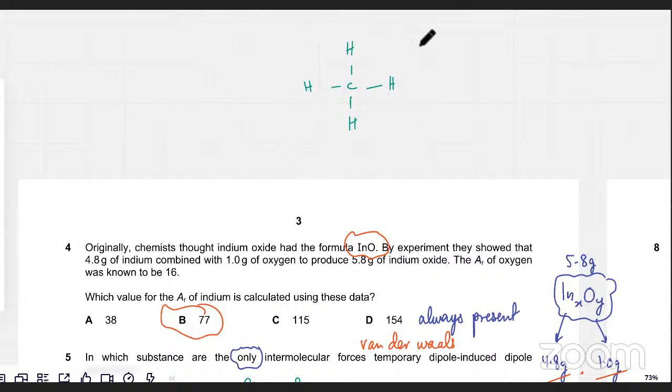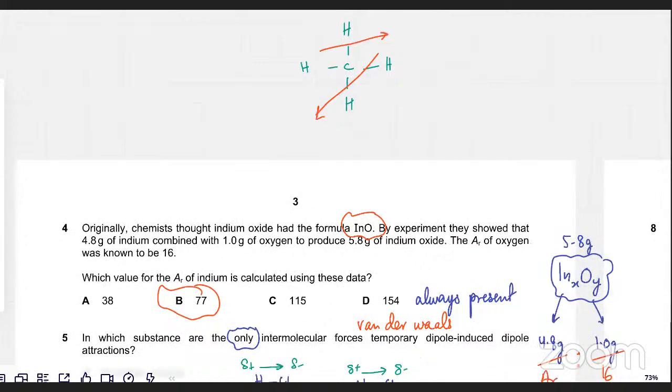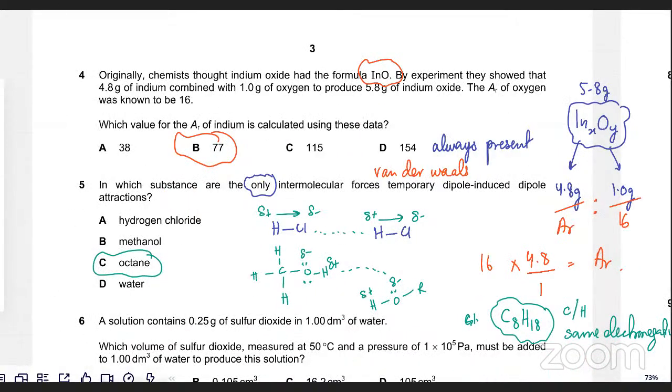So the only thing that's happening is that this molecule is bumping around. So the electrons randomly get pushed to this side, sometimes to this side, during collision. So a hydrocarbon always has only van der Waals forces. It only has electrons getting pushed around due to random collisions.